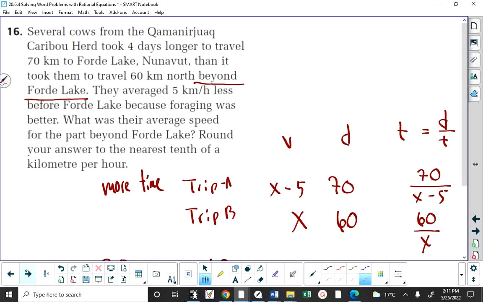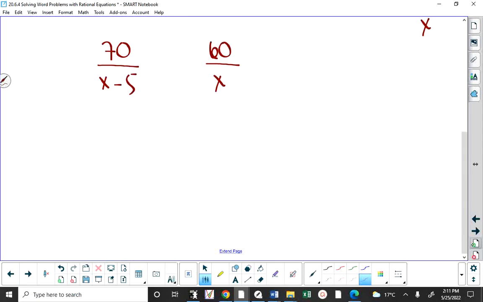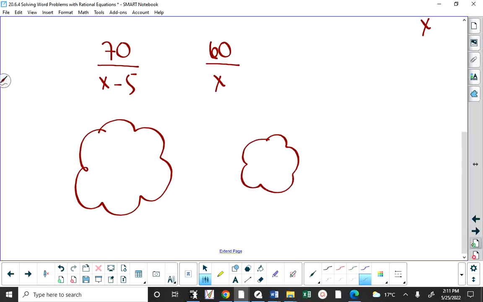Which means if I were to represent 70 over x minus 5 pictorially and compare it to 60 over x pictorially, 70 over x minus 5 is a bigger number. It took more time. So if I were to put an equal sign here, this equation would be weighted down this way, to the left. I need to add that extra time to the smaller time to make these equal.